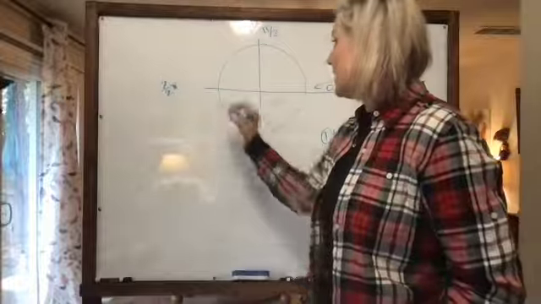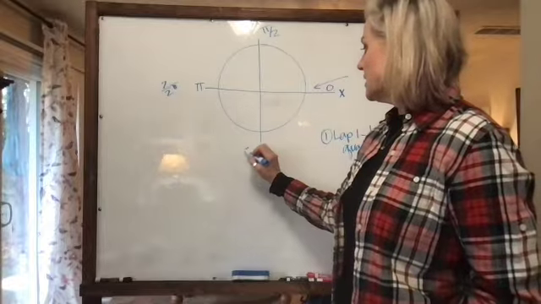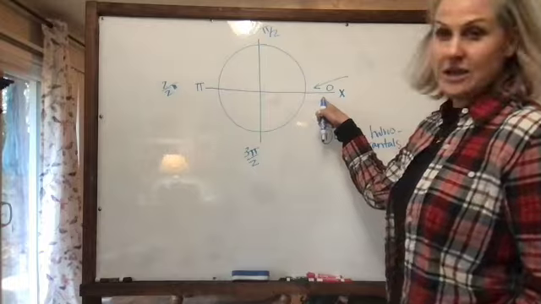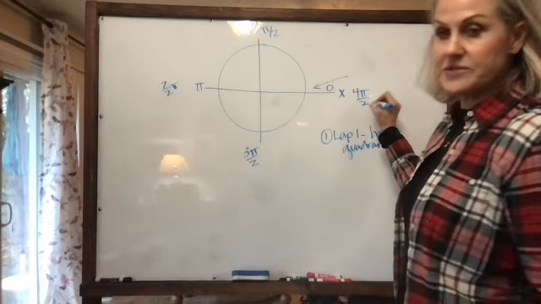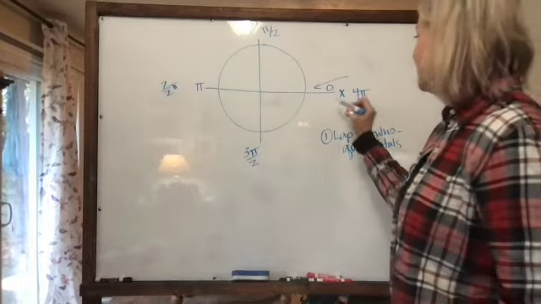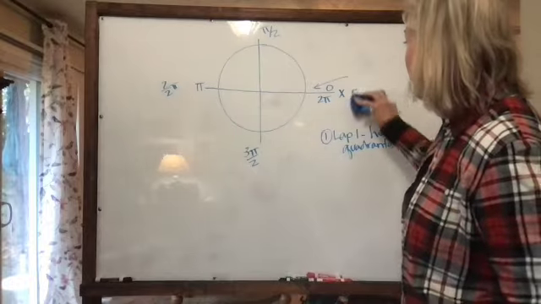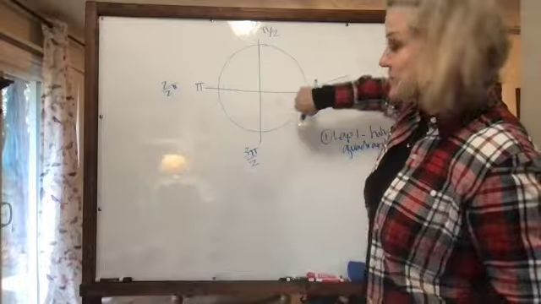So this side right here becomes 1 half, 2 halves, 3 halves, and back here at the beginning is 4 halves. 4 over 2 is 2 pi. So the first lap, count by halves. 1 half, 2 halves, 3 halves, 4 halves.